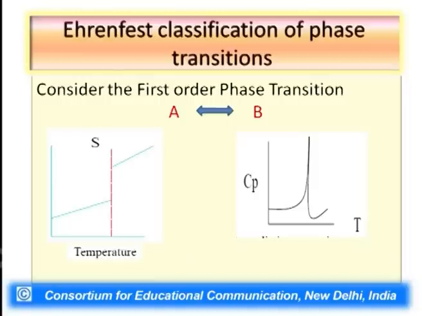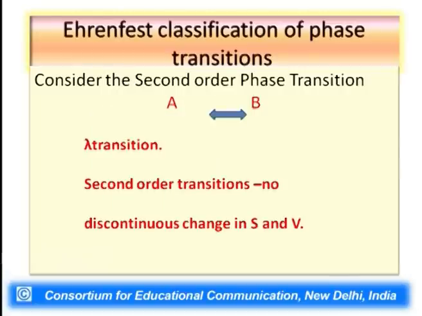Now, coming over to the second order phase transitions, these are also called lambda transitions. It is important to note that the first derivative of chemical potential with temperature, and with pressure, is not a discontinuous function of temperature. What does it mean?